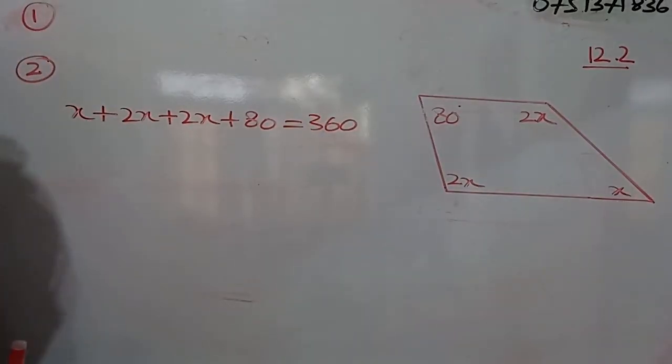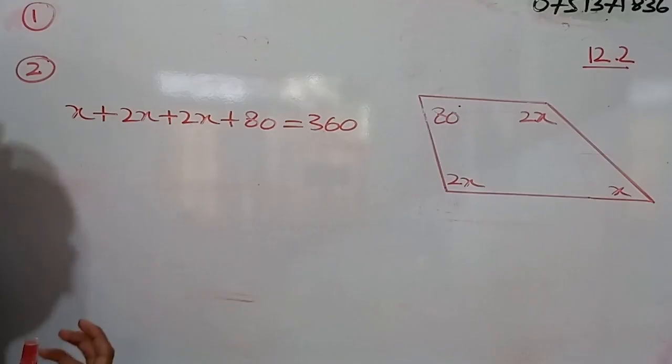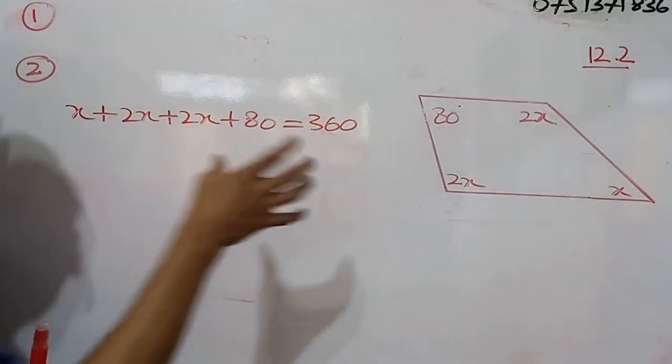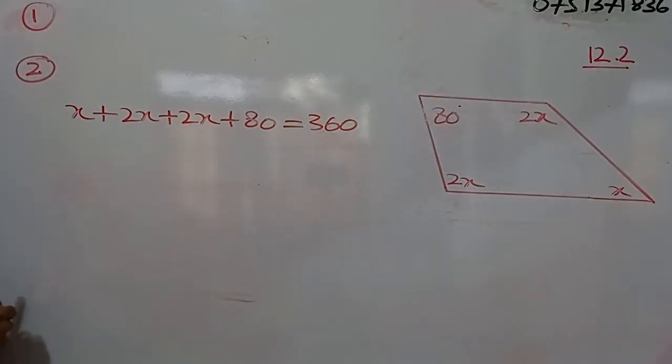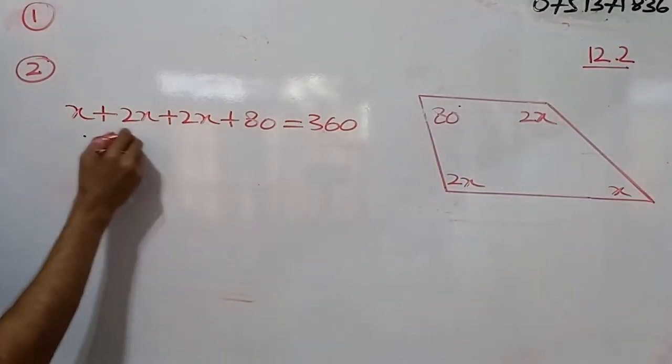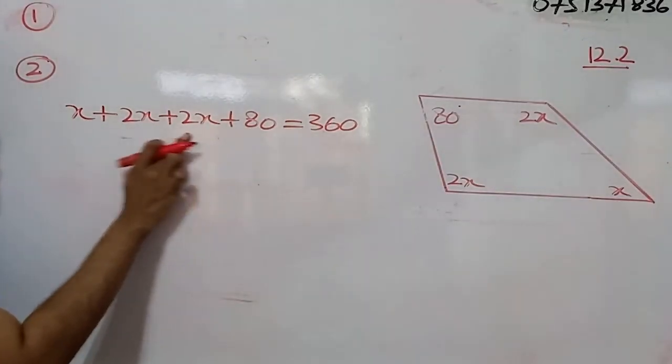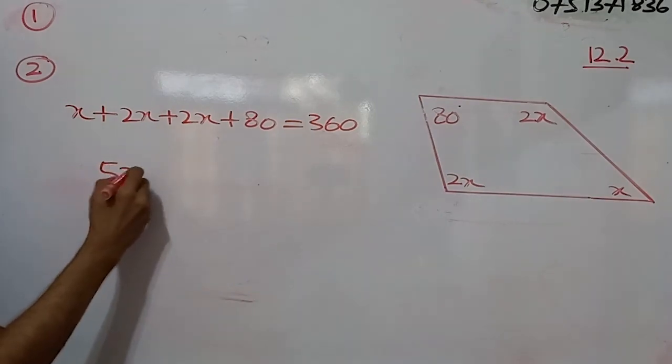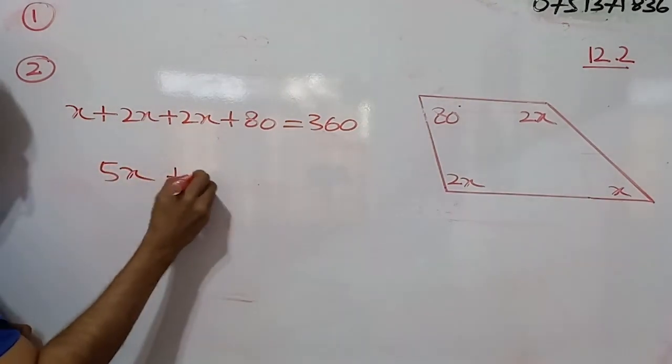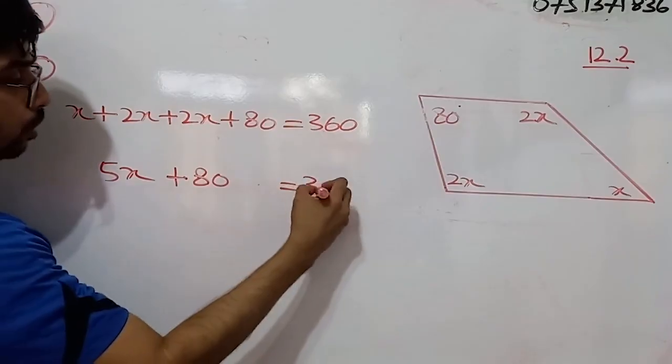So the same reason is there. What is the reason? Sum of internal angles of a quadrilateral is equal to 360. Always you have to write down the reason. So these three terms are like terms. So this will be 5x. 5x plus 80 is equal to 360.